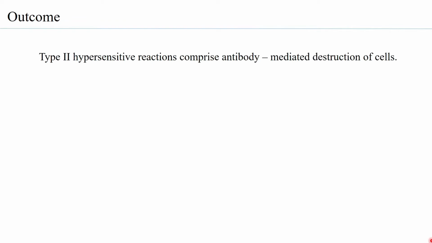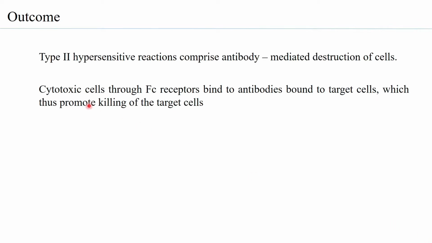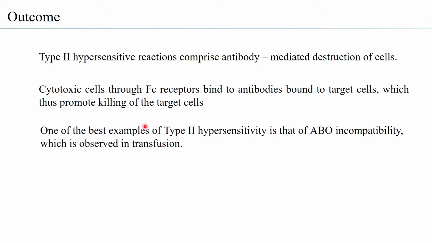So type 2 hypersensitive reactions comprise antibody-mediated destruction of cells. Cytotoxic cells, through their Fc receptors, can bind to antibodies that in turn are bound to target cells. Now, this binding of the cytotoxic cells to these antibodies promotes killing of the target cell.